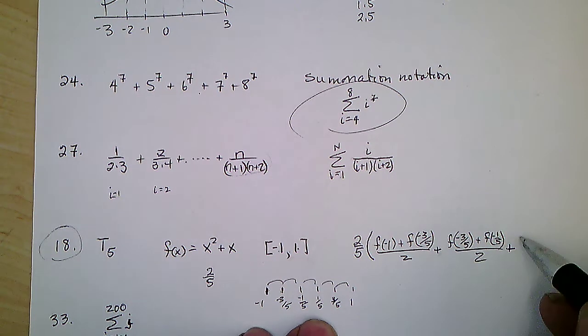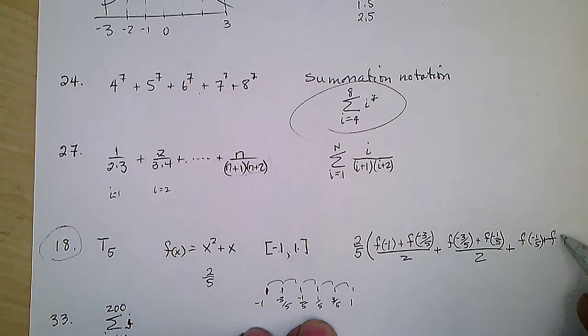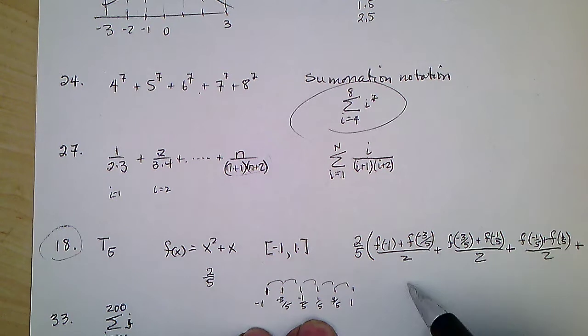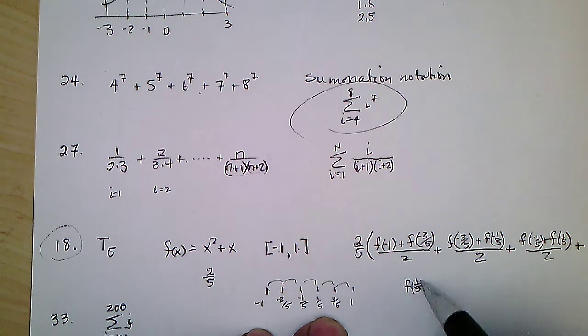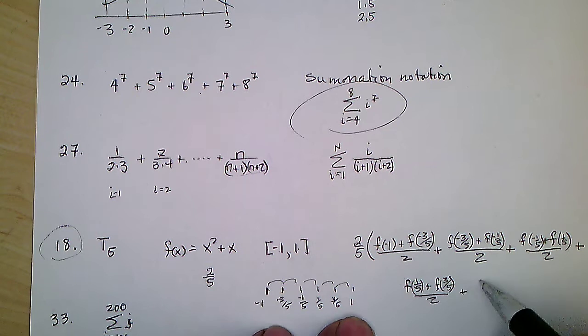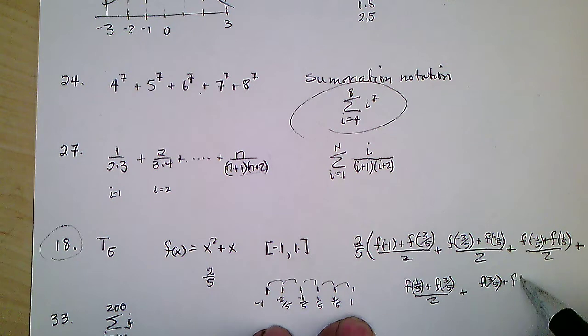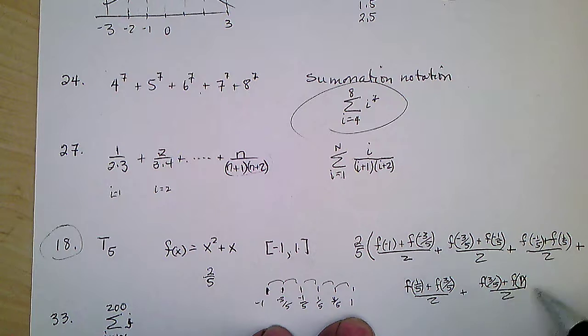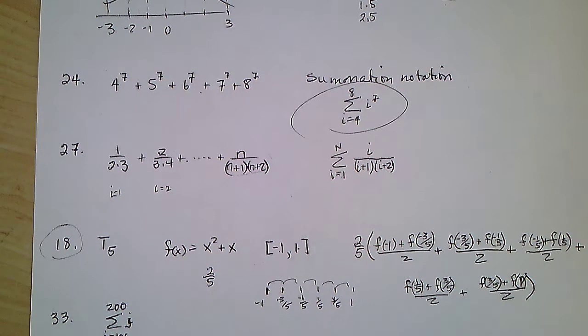Then f of minus 1/5 plus f of 1/5 divided by 2, plus f of 1/5 plus f of 3/5 divided by 2, plus f of 3/5 plus f of 1 divided by 2. So that's what I'd have to calculate.